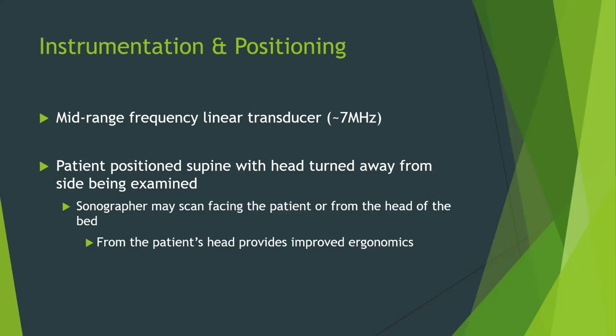With the linear transducer, we're going to position the patient supine with the head turned away from the side being examined. One thing that I notice sometimes with some bigger patients is that their neck can get a little bit scrunched, and so taking the pillow away, opening up the neck area, can help with the exams.